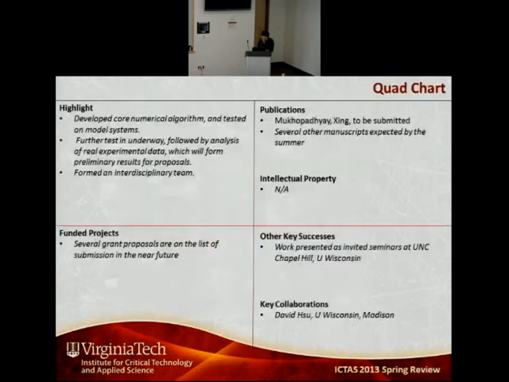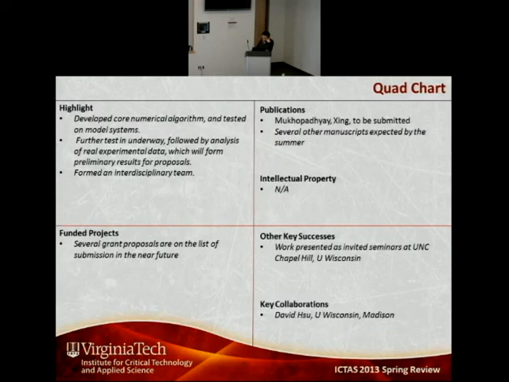But let's make a summary. It took a while to work out the core numerical algorithm. It looks very simple as I show you, but numerically it's very challenging. We had to find some tricks to make it stable, and we tested it on some model systems.